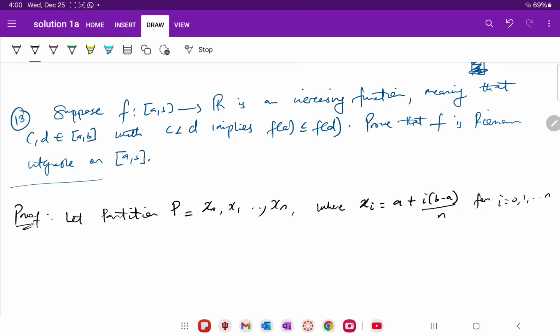So that means that we divide our a to b into equal sub-intervals.